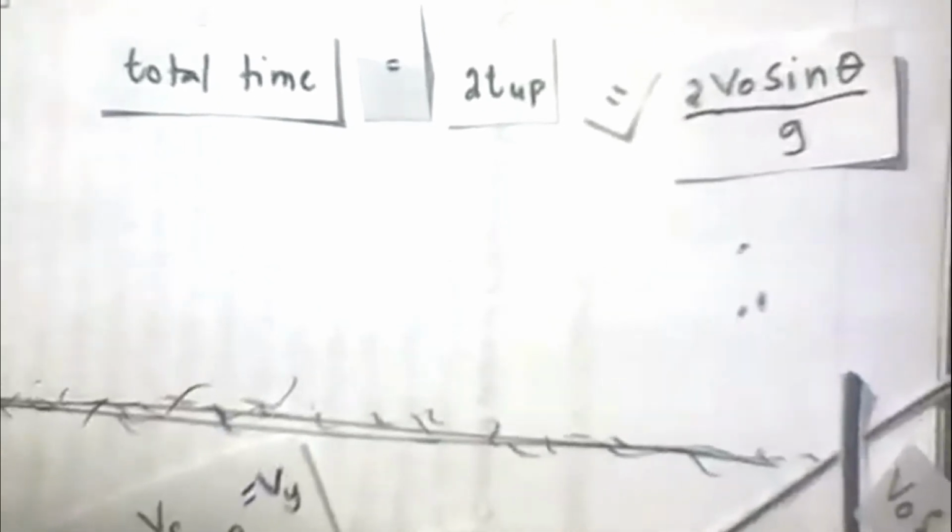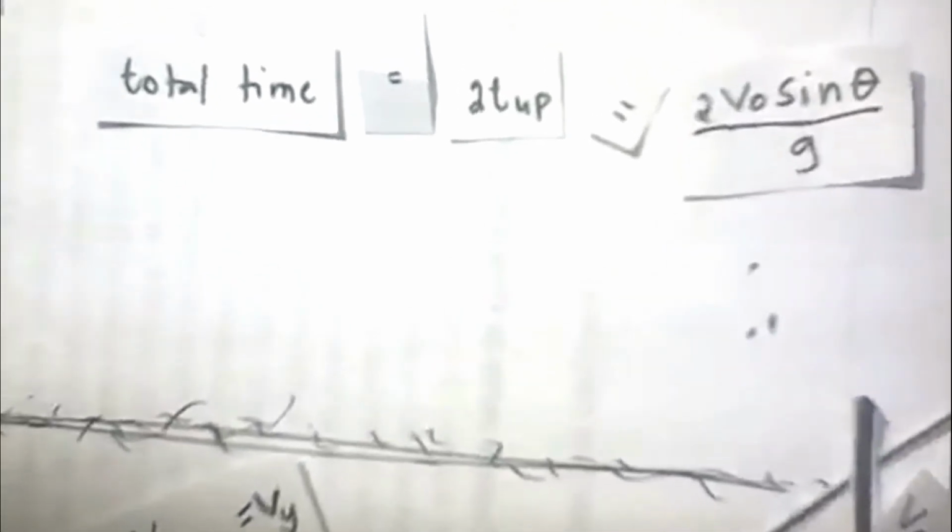During that time, the ball is at its maximum distance away from the origin, or away from where it originated. So the ball is around here. The ball has traveled a certain distance in the x-axis, which is what we call the range.